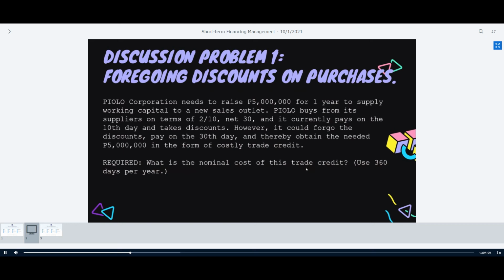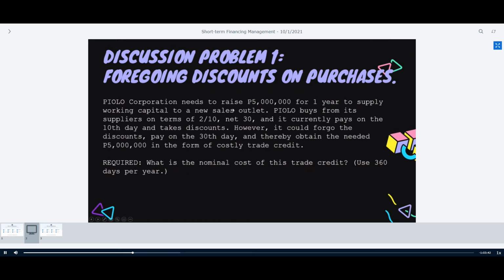Piolo Corporation needs to raise 5 million for 1 year to supply working capital to a new sales outlet. Piolo buys from its suppliers on terms of 2/10 net 30. Sige, pag-usapan ulit natin to. It just so happened that the terms here is the same with our example earlier.